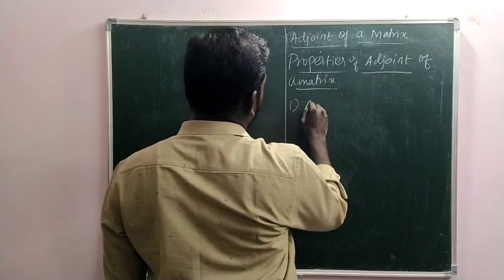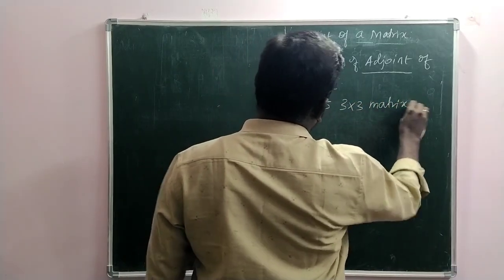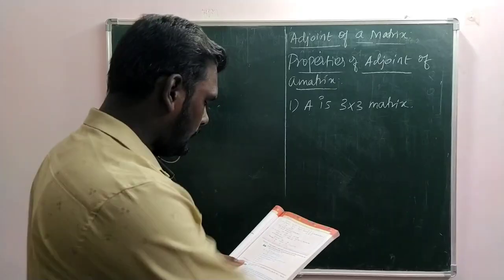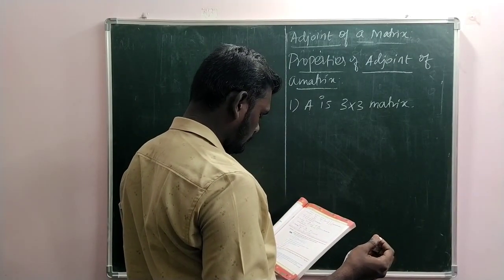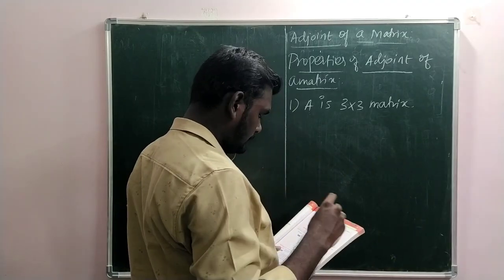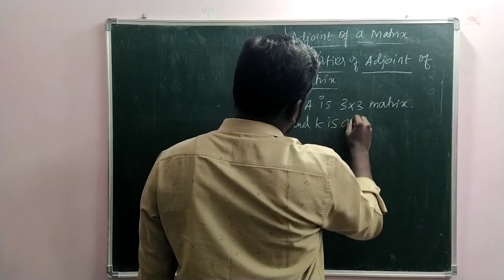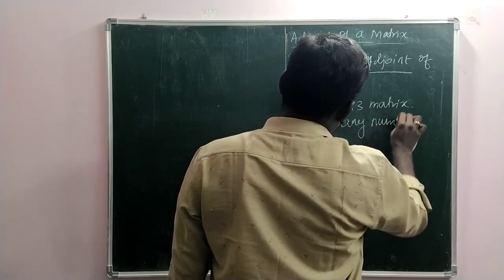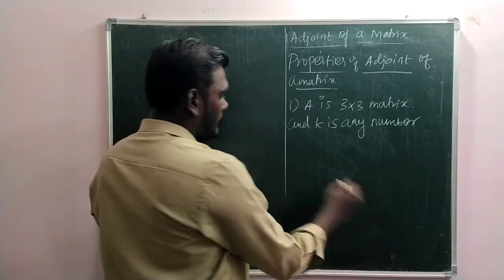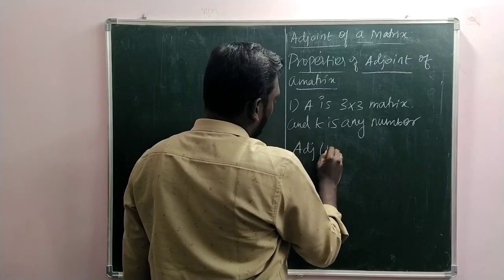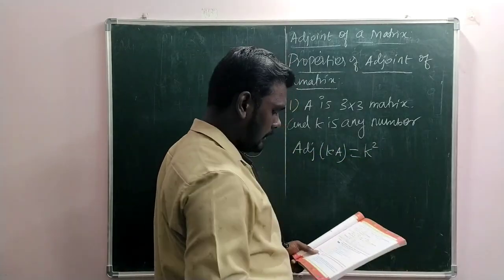If A is a 3 by 3 matrix and K is any number, then the adjoint of K into A is equal to K square into adjoint of A.